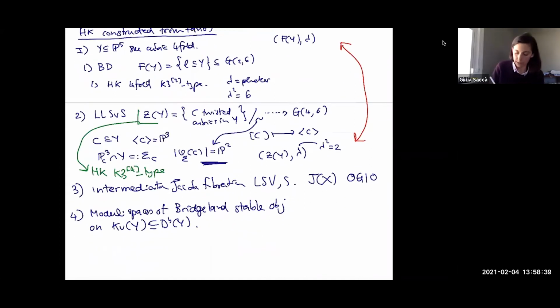And here I should write the names of Kuznetsov, of course, and Bayer, Lahoz, Macrì, Stellari, Bayer, Lahoz, Macrì, Nuer, Perry, and Stellari.